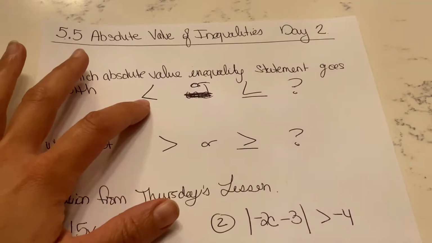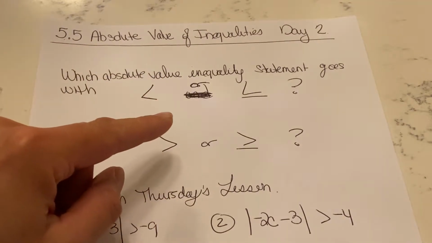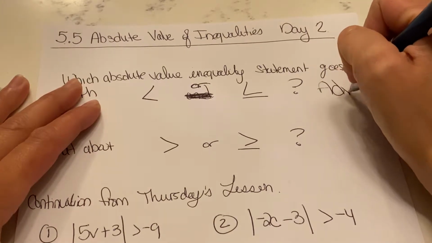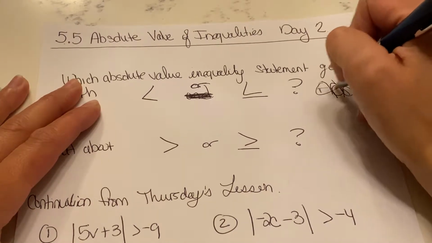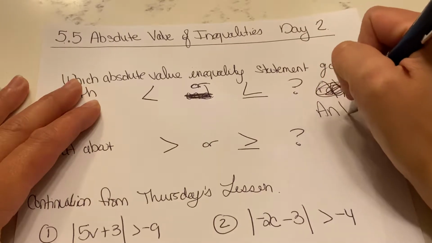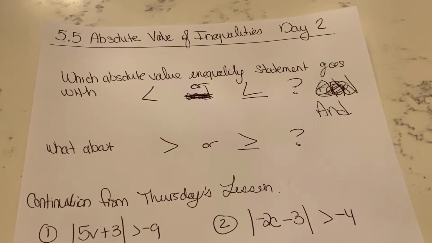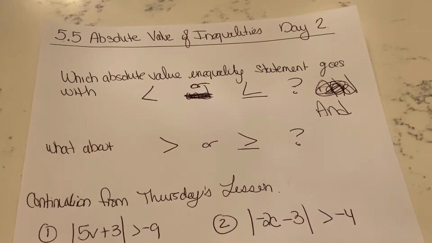So when I see a less than or equal, that should represent an and statement. Sorry, an and statement. Okay. Some of you, I don't know where you saw this, were writing two statements, an and or per problem.